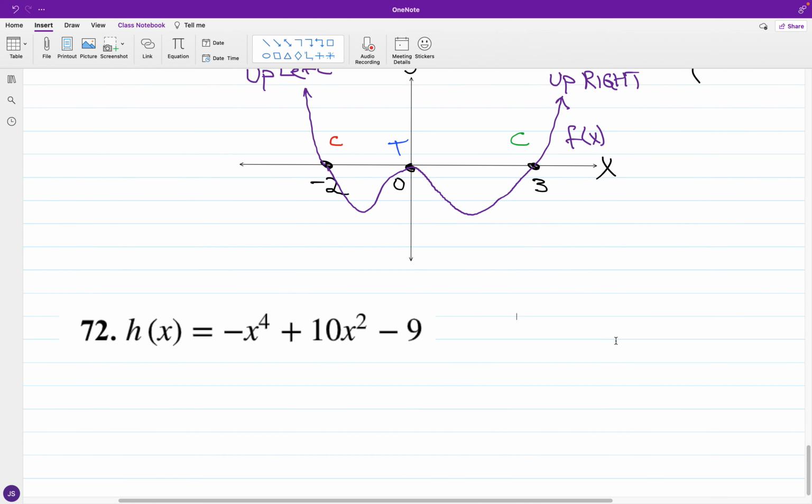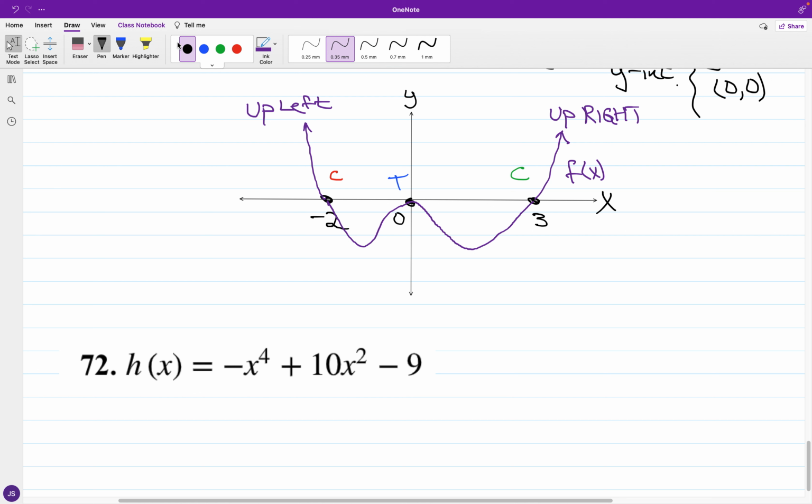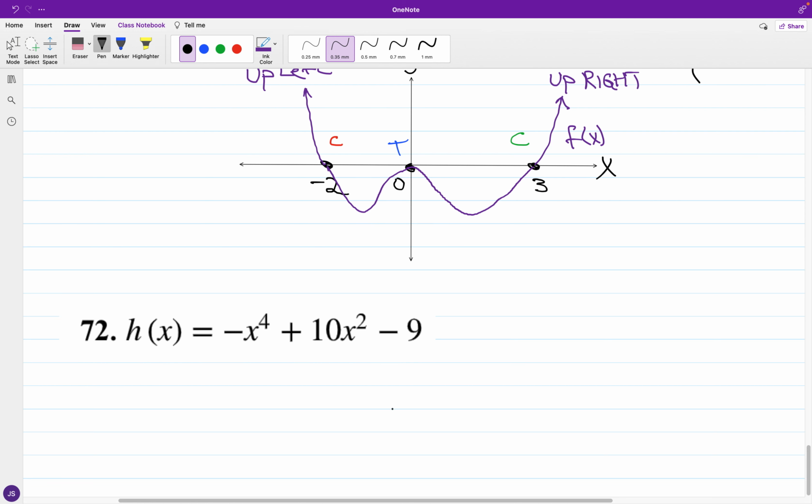And so we have with y in the functional notation represented by h of x, again we have expanded notation, and I can convert to the factored form. And what I'm going to do here to make this factor friendly as much as possible: notice the leading term is a negative x to the 4th.